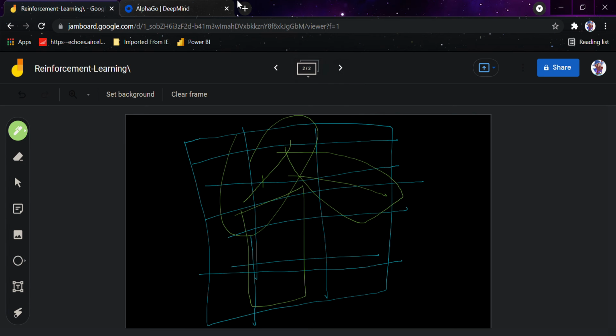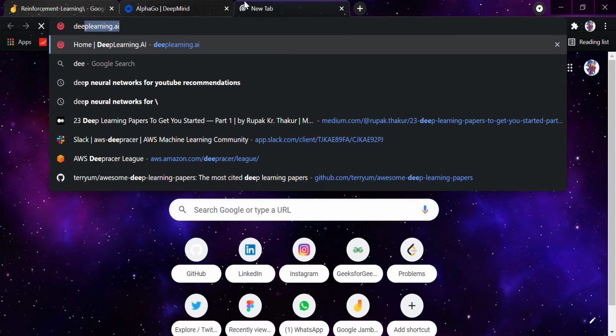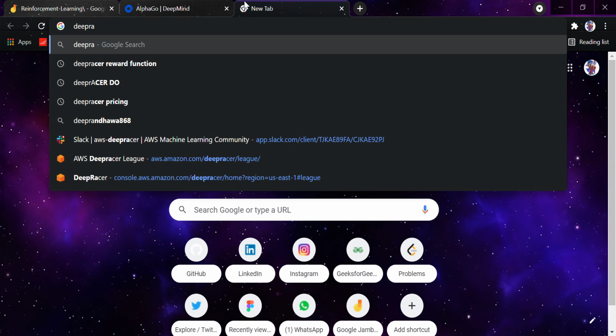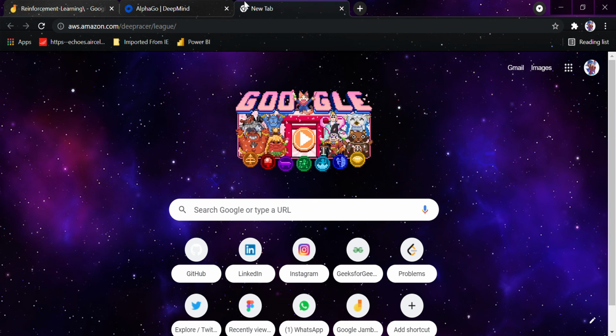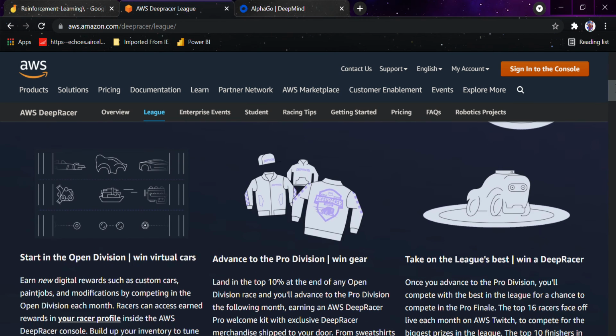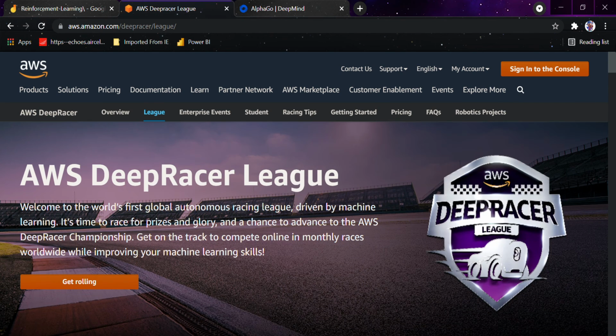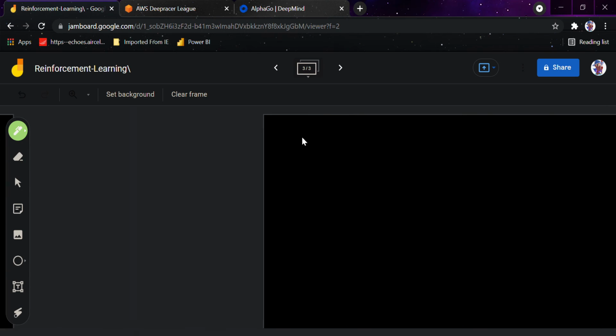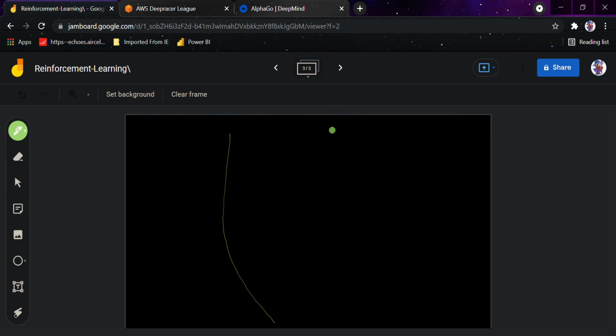Now coming to the next very famous example, the AWS DeepRacer League. It is similar to a reinforcement learning competition. In this competition you train a model, and you can imagine a path like this. If the model goes off track, it gets a penalty, so next time it needs to avoid that.